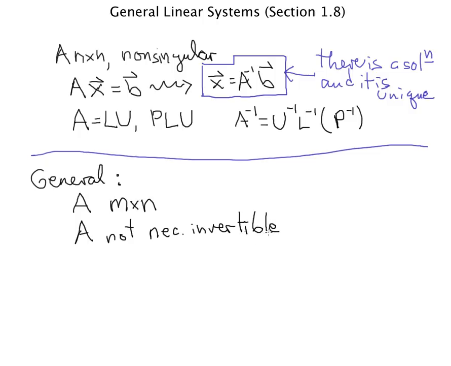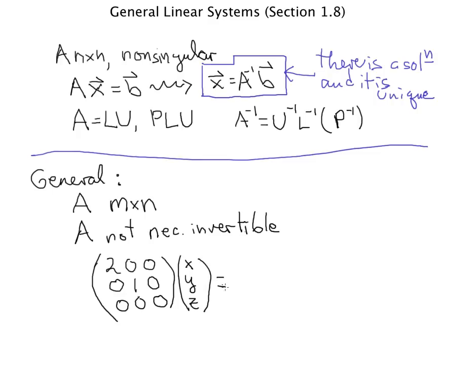So let's do an example of the second one first. That's a square matrix which isn't necessarily invertible. I'll just do a supremely simple example. Suppose you had a matrix like this. And you had an equation with x, y, z.